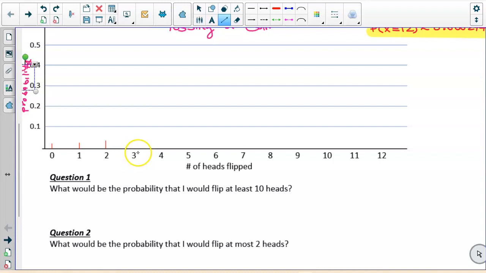3 was 0.05, so that's going to be about halfway to here, right? So finally, I'm going about halfway between these.